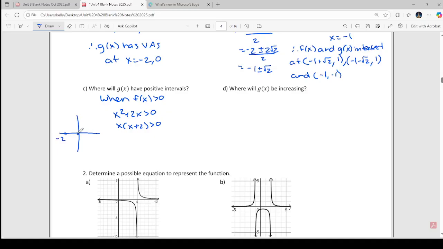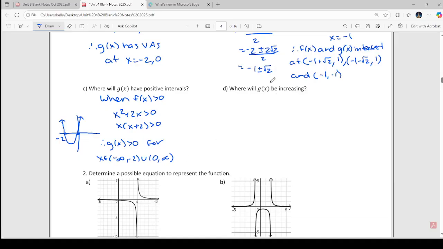So intercepts at -2 and 0, positive leading coefficient, even degree, so it opens up. So we can see f of x is positive until -2 and from 0 on. So g of x is positive for that exact same interval, -infinity to -2 and 0 on.